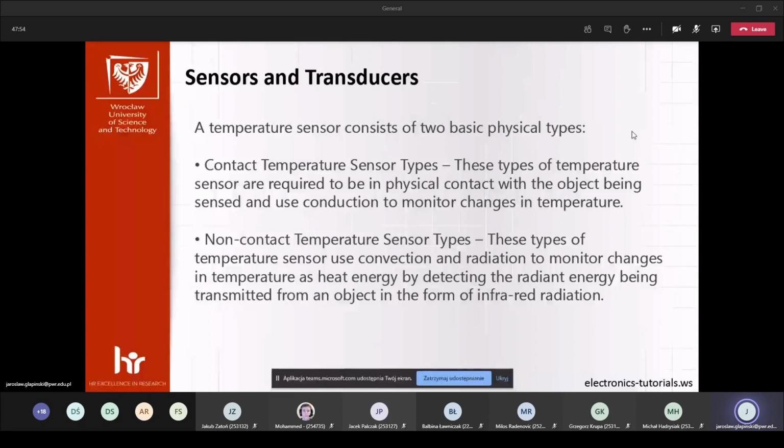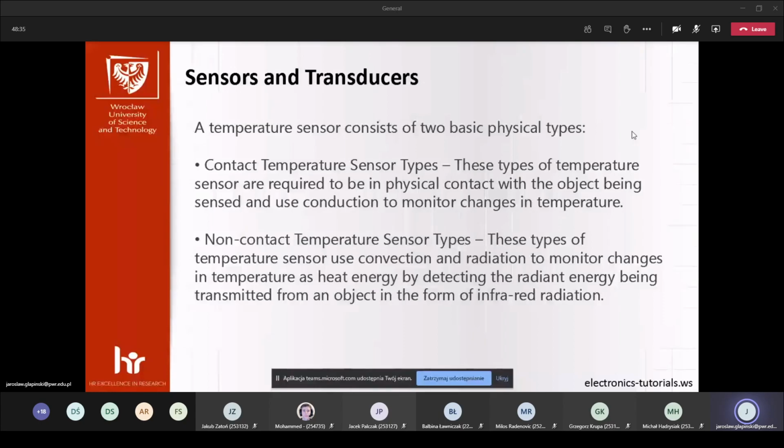And the non-contact temperature sensor is the type of sensor that uses the radiation, the conversion of radiation of the monitored element. We know that temperature is connected with electromagnetic radiation, as was said in the example of the heated black box. Generally, if an element has a temperature, it generates electromagnetic fields in the infrared region.